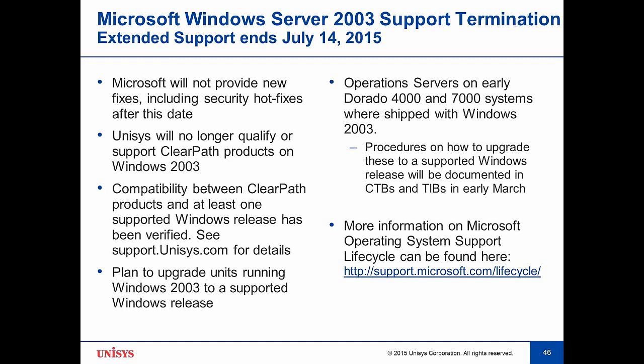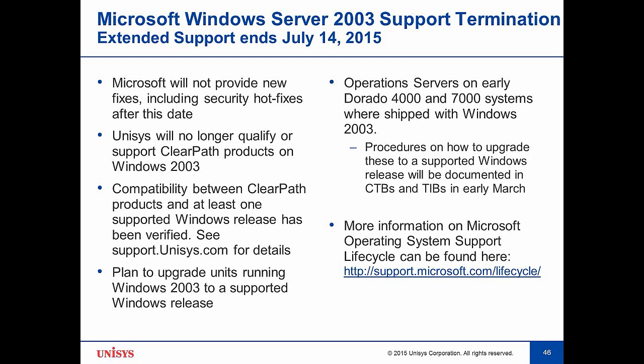As a result, we won't be supporting any of our products executing on Windows Server 2003 from that point on. We have newer releases of our products that run on Windows 2008 and Windows 2012. So you want to be moving those Windows servers up to one of those supported Windows releases.